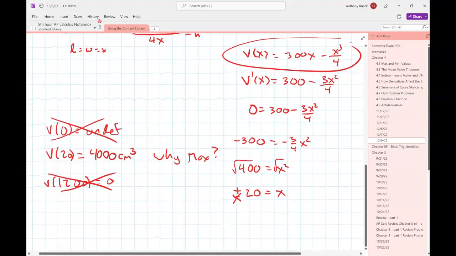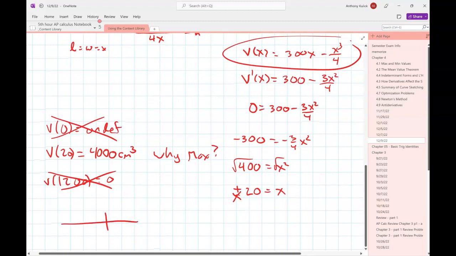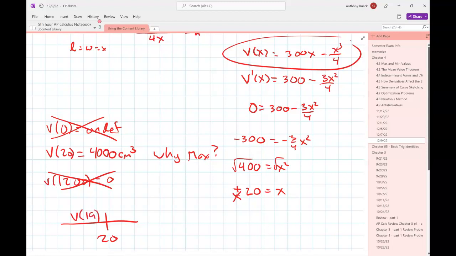So one way I could do this is I could use the first derivative test, and show that this goes from positive to negative, and that would do. Or I could do a second derivative test, which is probably what I would do in this case, because it'll be really easy. When I take the second derivative, I just get negative 3 over 2x.